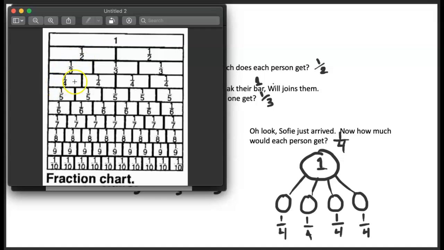Oh, the 4th row, right? 4 equal pieces, 4 equal parts that make up the whole. So this row would represent the last part of that story when there were 4 people, Lou, Joe, Will, and Sophie, and they each got one of 4 equal parts.